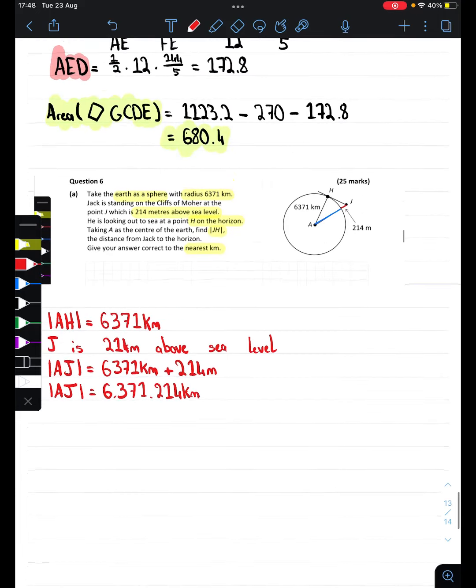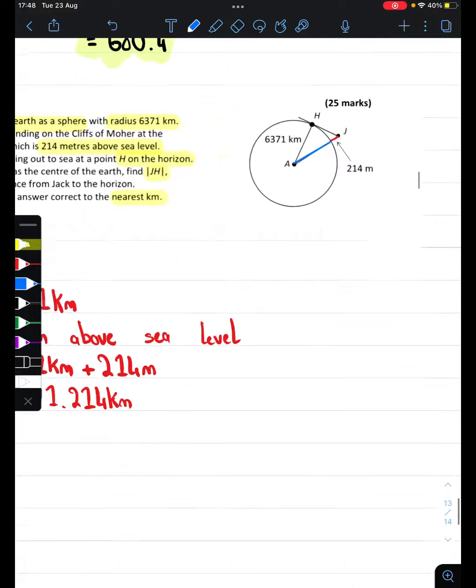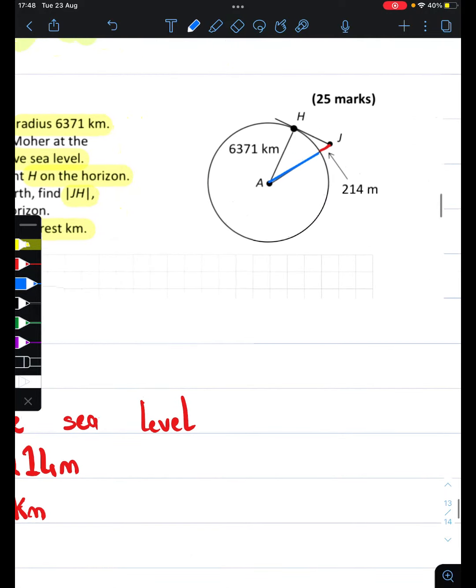Okay, and we want to find out what AH is. So we have this triangle AHJ, and we have the lengths of two of the sides. But that's not quite enough information to get what HJ is. But, and this is the key to the question, the line HJ, this line here, is a tangent to the Earth.